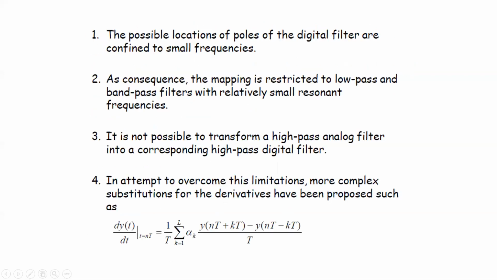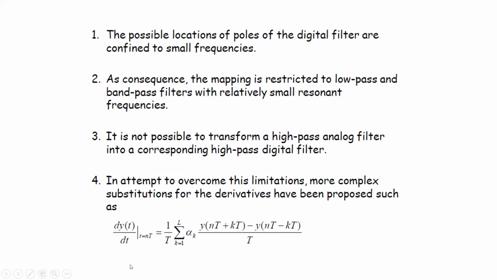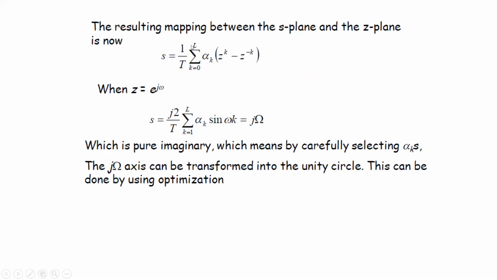Now, we can improve upon this situation by a little more complex substitution, where dy by dt is equal to 1 over T sigma alpha k, and we replace with this type of substitution. And what will be the mapping? Using the same method, every s will be replaced with 1 over capital T, sum for k from 0 to capital L, alpha k times z to the power k minus z to the power minus k.